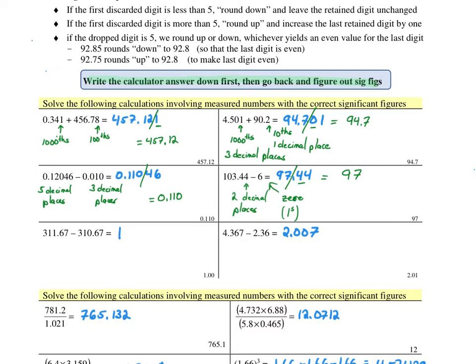The next problem, we have 2 decimal places in both numbers. So our answer should have 2 decimal places. So what we're going to have to do is add 2 zeros after the decimal point.